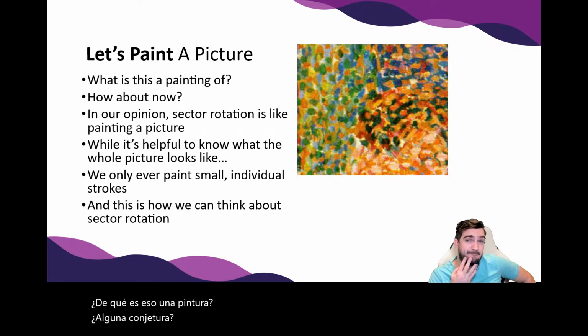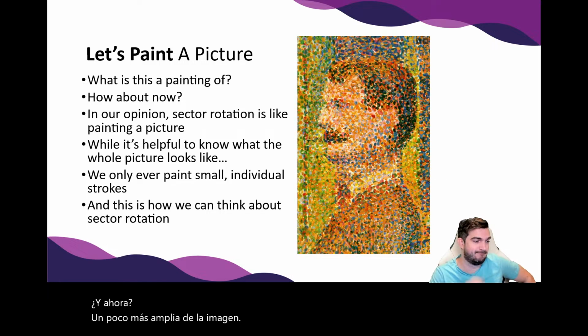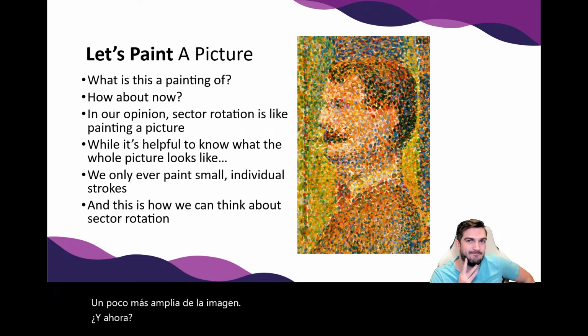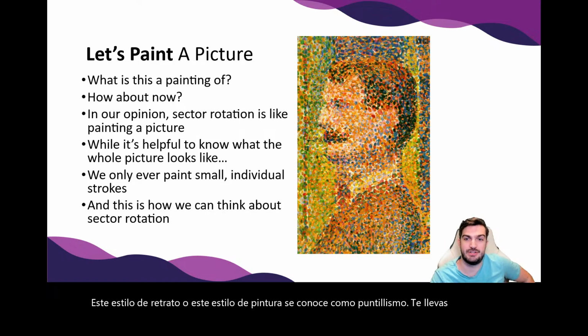How about now? A little bit wider of a picture. Still no idea? How about now? This style of portrait or this style of painting is known as pointillism. You take a bunch of little dots and you put a bunch of little dots in one place.